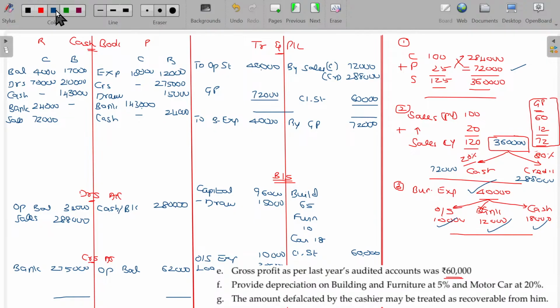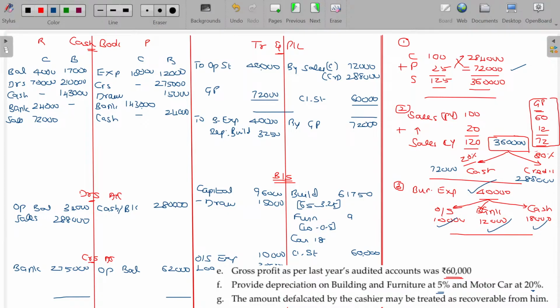Now, provide depreciation on building 5%, furniture 5%, motor car 20%. For building 5%, how much is that? 3,250, am I right? So depreciation for building 3,250. Furniture 5%, 61,750, am I right?